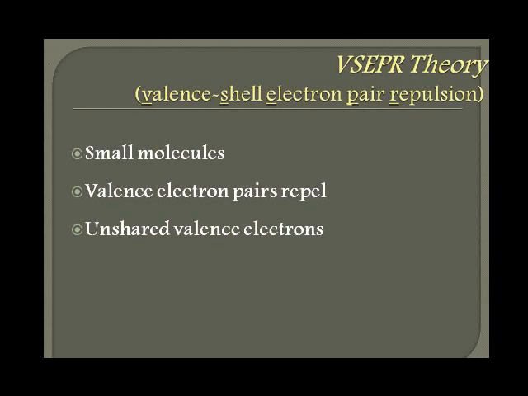This has to do with very small molecules, and says that the valence electrons are going to repel each other due to their similar electrical charges, and unshared valence electrons are going to need more space than shared electrons. This is going to cause molecules to bend and no longer take on a linear shape.